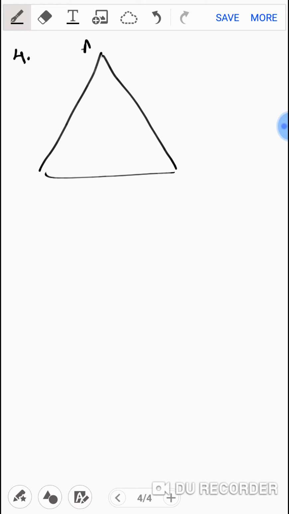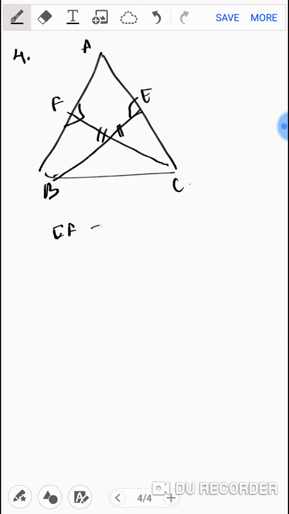Yes, problem number 4. And it says you have a triangle ABC in which altitudes BE and CF to sides AC and AB are equal. Now the altitudes are given equal. So these two are equal. That is, I will name them as F and E. So we can say CF is equal to BE.